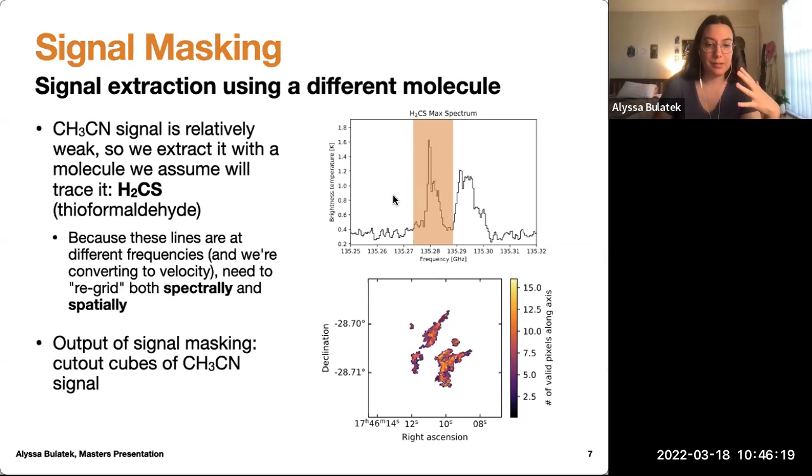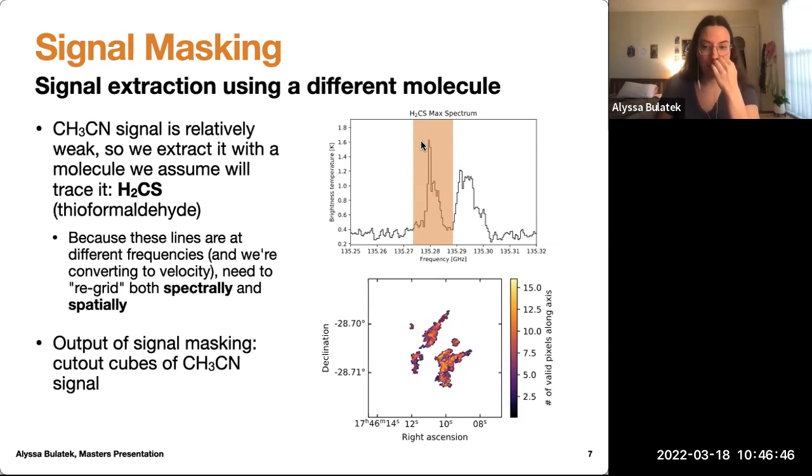So we examined cutouts of different molecules and what they look like spatially, as well as what their velocity structure looked like. And it turns out that the molecule H2CS, or thioformaldehyde, was a pretty good match. It's not a perfect Gaussian, but it has 1 or only 2 components to worry about.